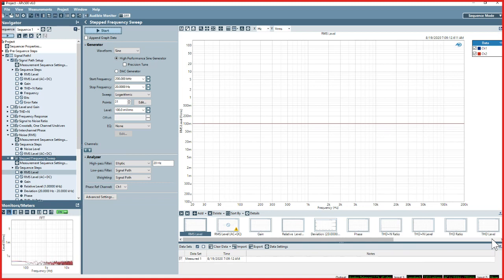And then the second is that it has the broadest usable passband or bandwidth. So it will measure up to 1 megahertz bandwidth, and we can generate a signal up to 200 kilohertz. And so that lets us sweep across and beyond the full band of the vast majority of converters.